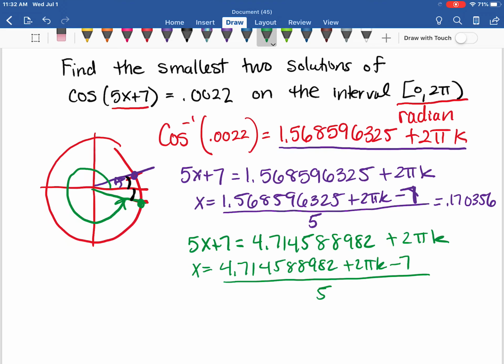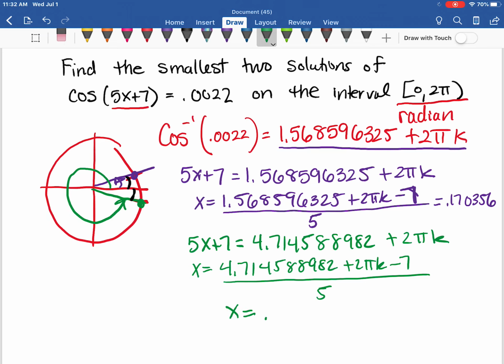When I plug in k as 1, I'm going to take 4.714588982 and add 2 pi, because k is 1, so 2 pi times 1, which is just 2 pi. I'm going to subtract 7, and then take that answer and divide by 5.